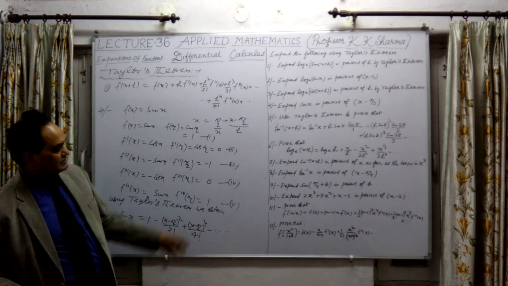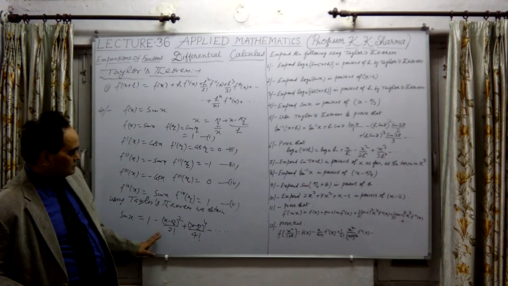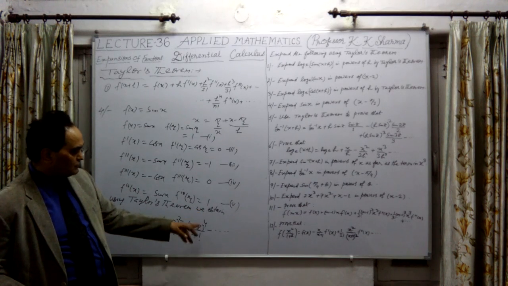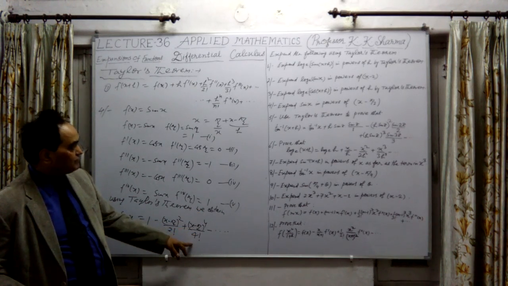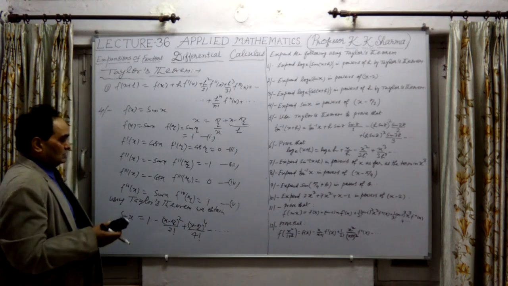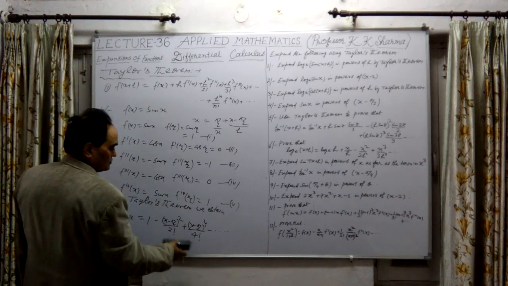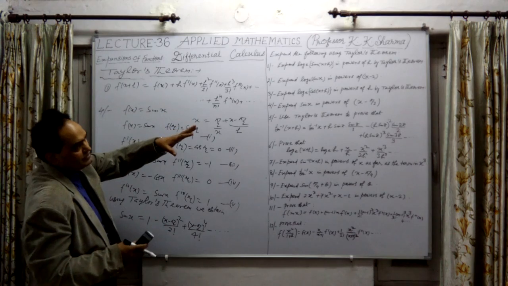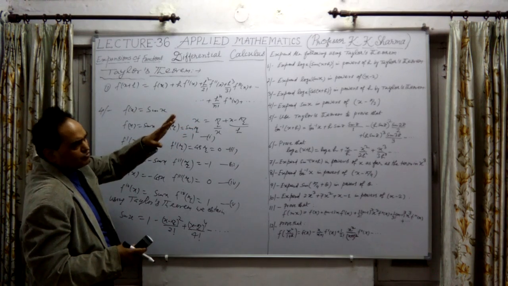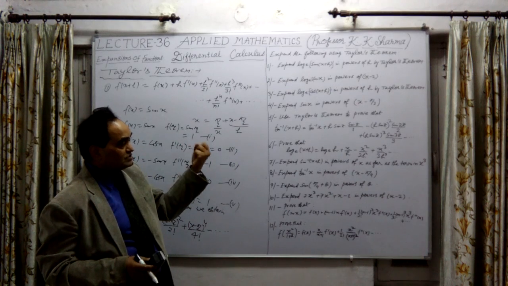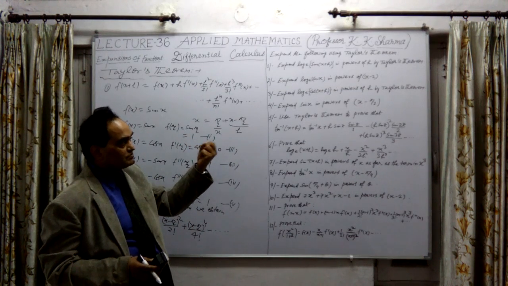In this way we can express this value. This is 1 minus x minus pi by 2 whole square upon factorial 2, plus x minus pi by 2 whole 4 divided by factorial 4 and so on. This is the process of finding x minus pi by 2. How to replace x to get x minus pi by 2? x is equal to pi by 2 plus x minus pi by 2.